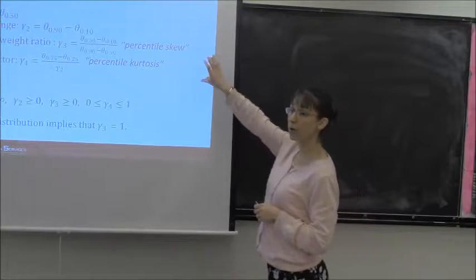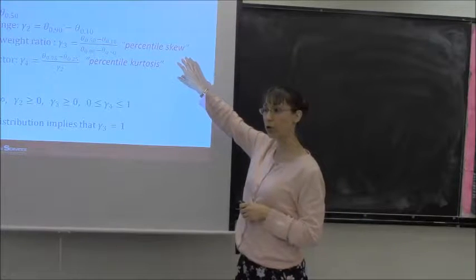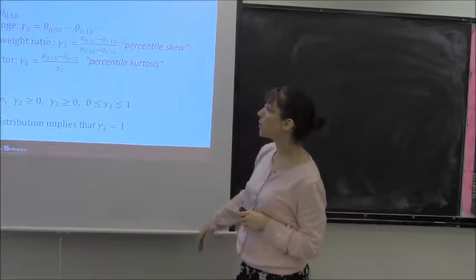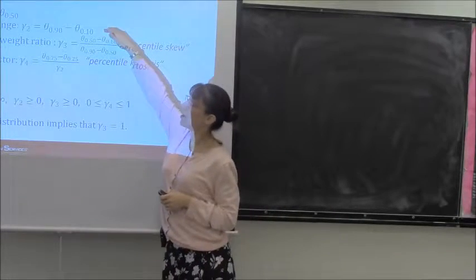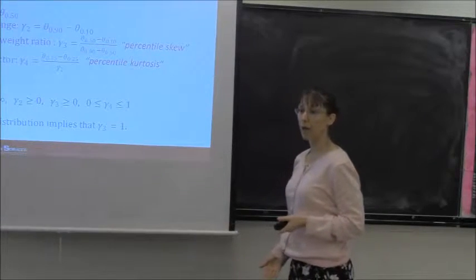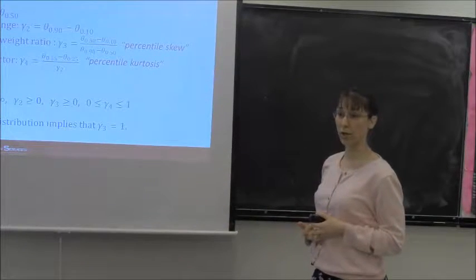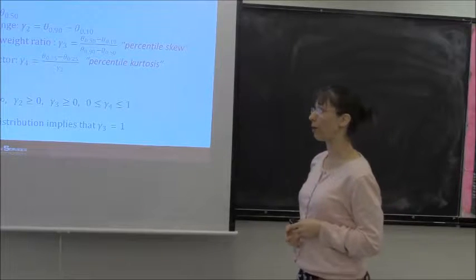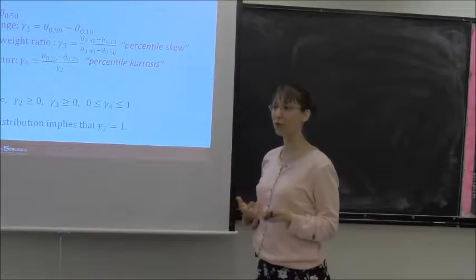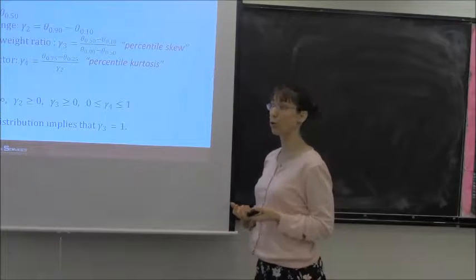Now, just like with conventional moments, there are some restrictions on the values that these parameters can take. So, for example, just like the variance, the interdecile range has to be greater than or equal to 0. Actually, the same is true for the percentile skew. It also has to be greater than or equal to 0, which may leave you wondering, okay, well, what value of percentile skew does a symmetric distribution have?